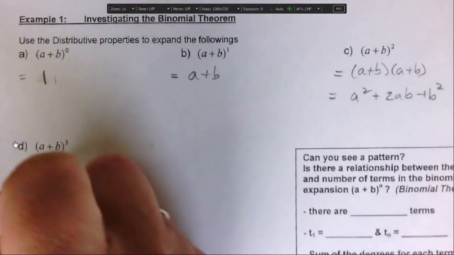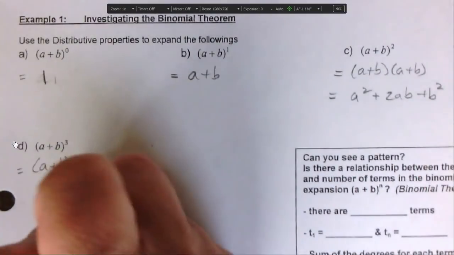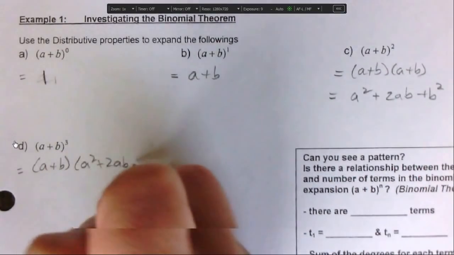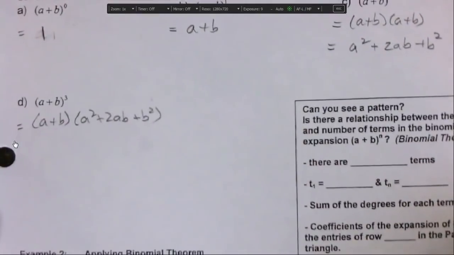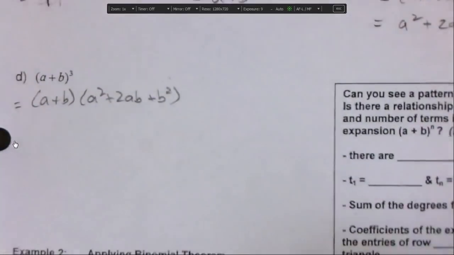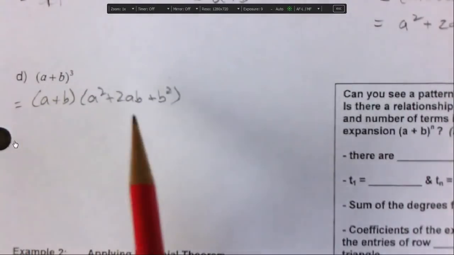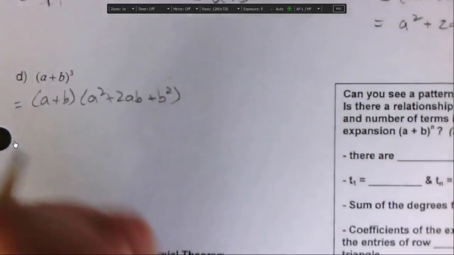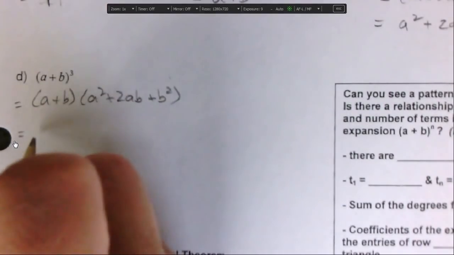To expand this, it's a plus b times a plus b times a plus b, but a plus b squared is this, so I can just skip that step. And then I expand this. We're going to have to multiply every term in the first bracket by every term in the second bracket. We have 2 terms here and 3 terms here, so we're going to end up with 6 terms when we expand.